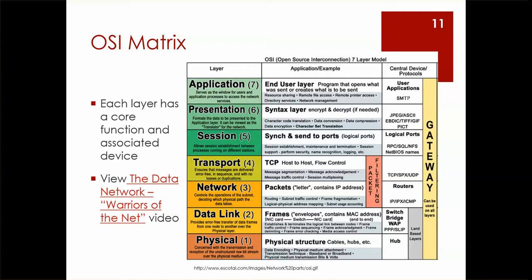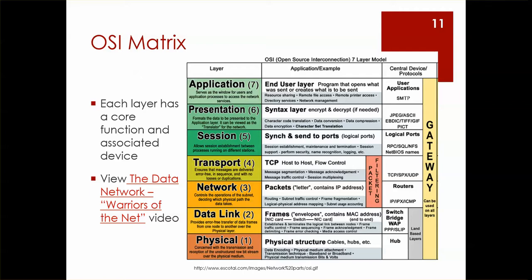So it's presentation of the data in a human readable format, or presentation of the data in preparation for traveling down through the session to the physical layer in a machine readable format.